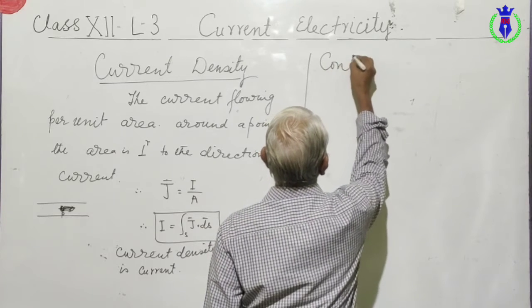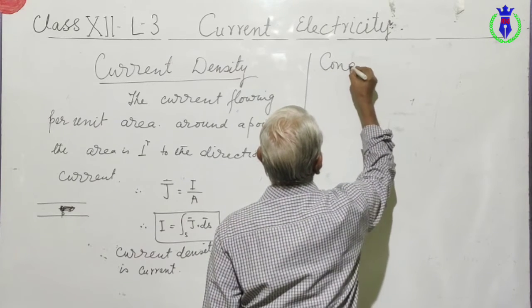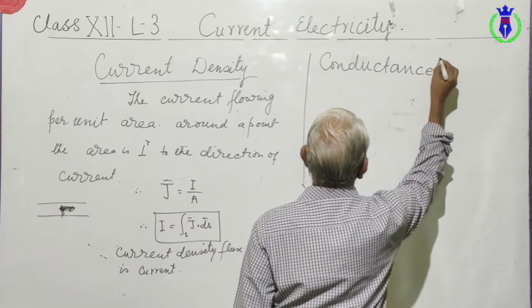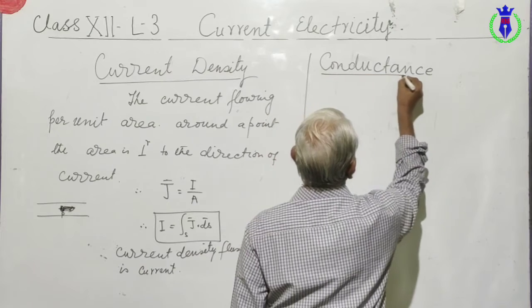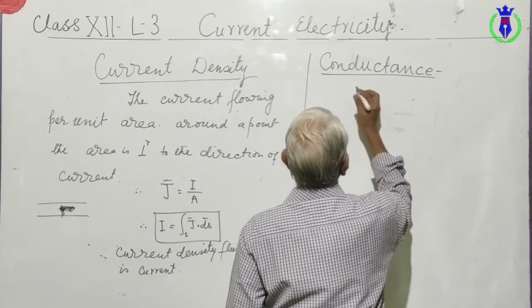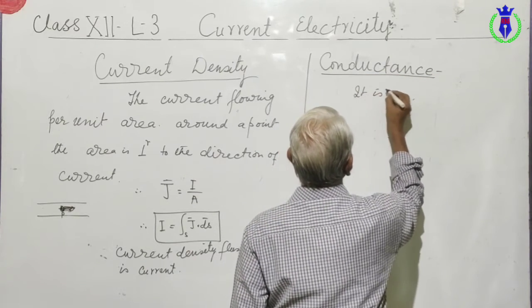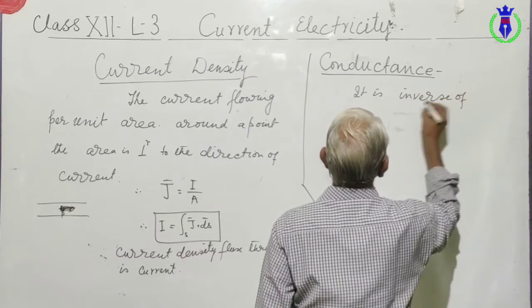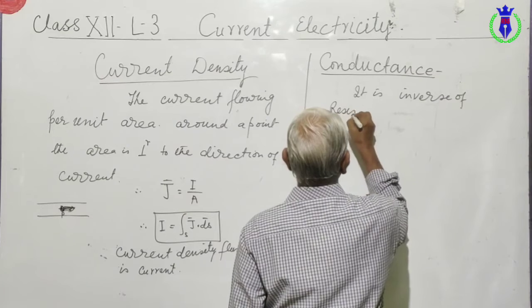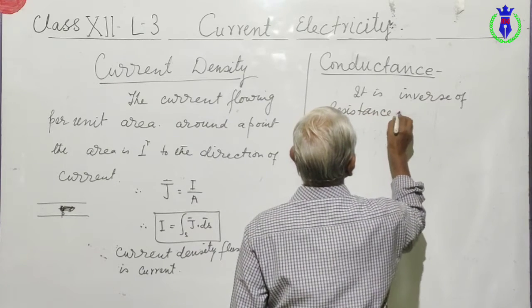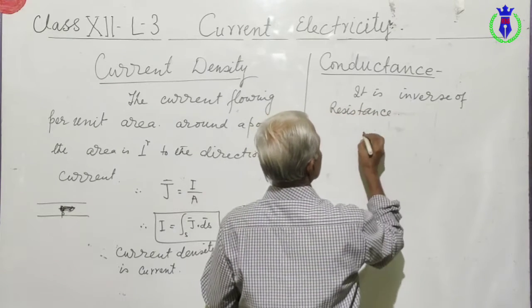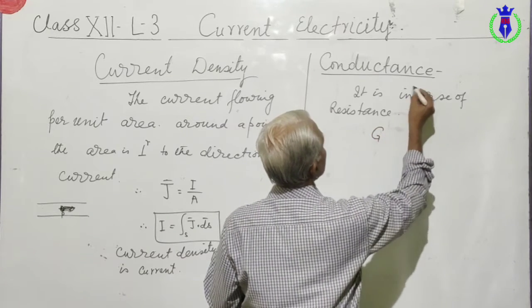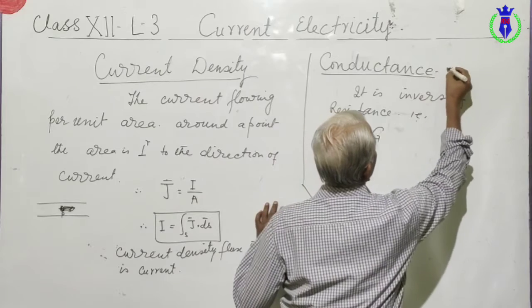Conductance. It is the inverse of resistance. That is G. कंडक्टेंस G से रिप्रेजेंट करते हैं.